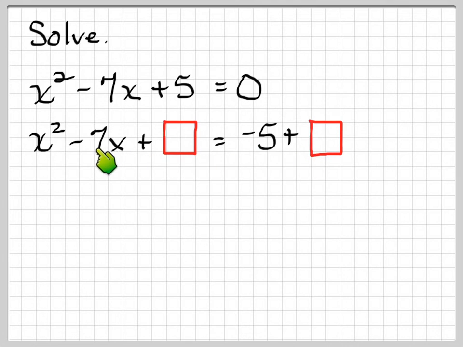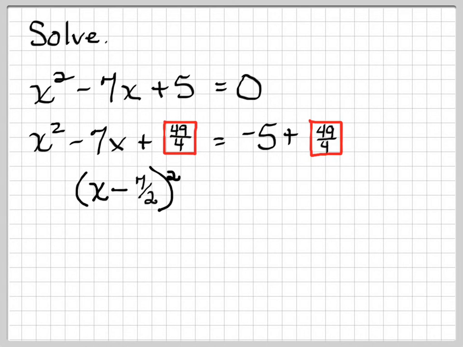We're going to write this as a perfect square trinomial. To do that, you split b in half and square it. So if I split this in half, I'm going to get 7 halves. If I square that, I'm going to get 49 fourths. And that's the number that goes in that box.